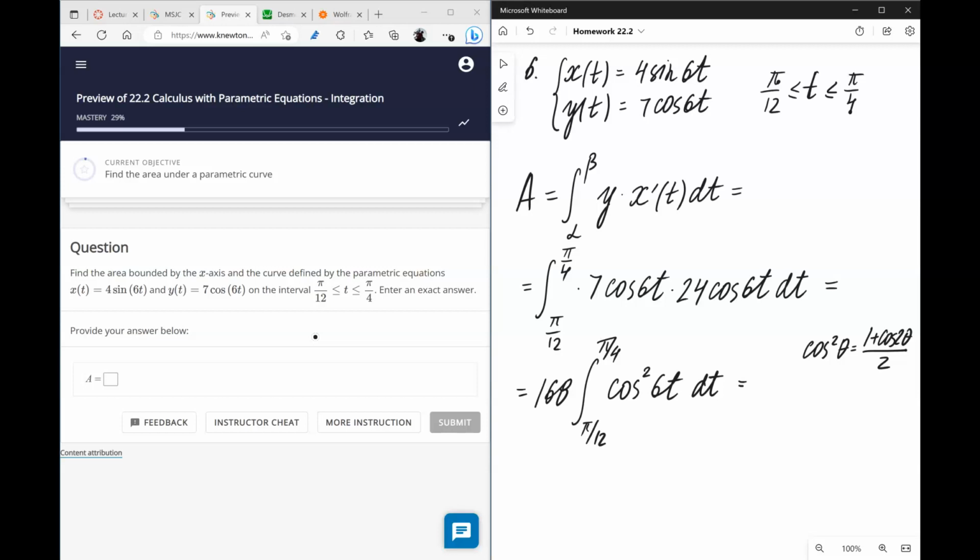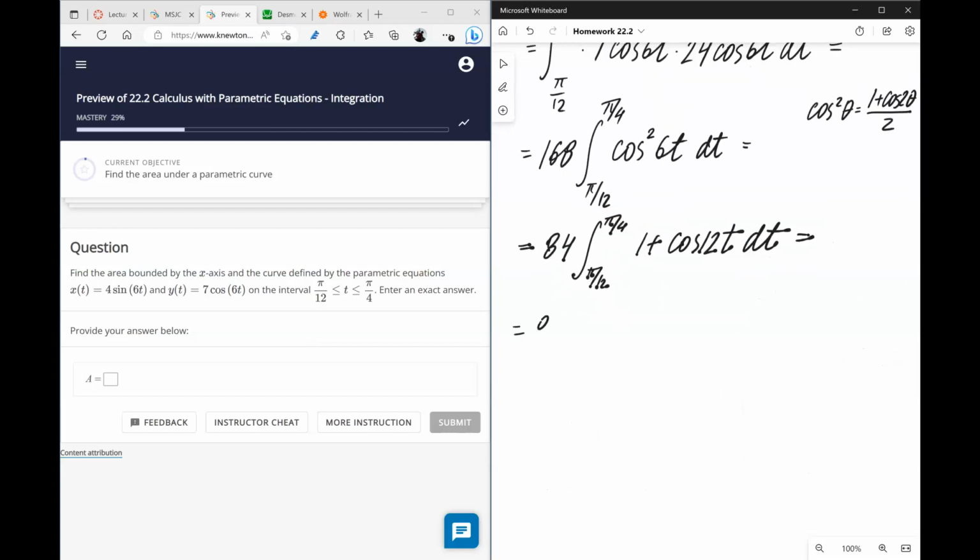And we're going to have now 84 times the integral from pi over 12 to pi over 4 of 1 plus cosine of 12t dt.